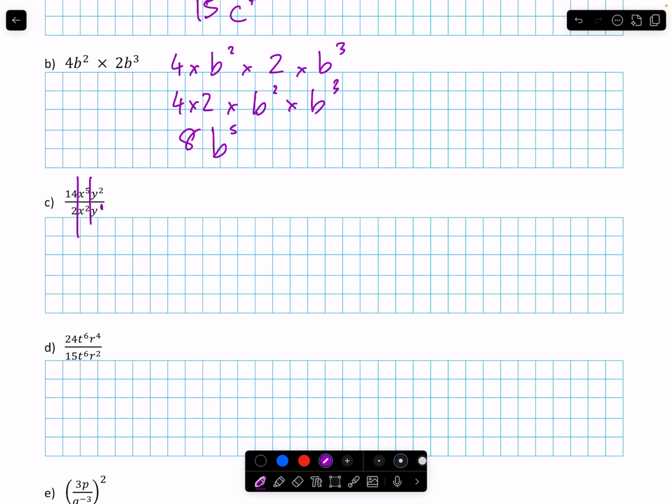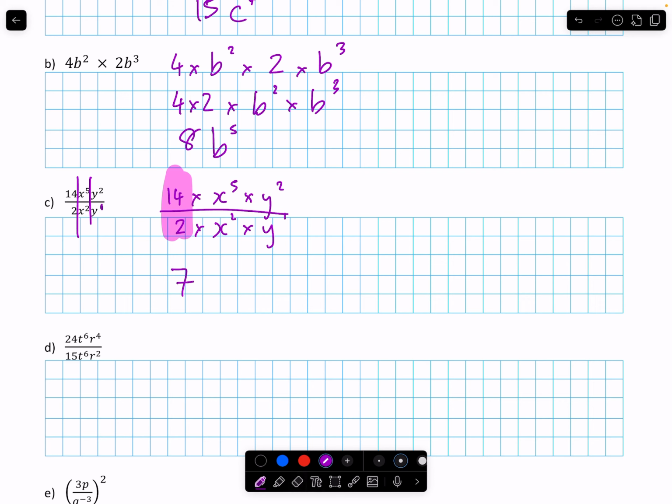So the other way to do it is to show the times, put them back. If that helps you, separate everything out. 2 times by x squared times by y to the 1. Let's deal with this first. 14 over 2 is 7.